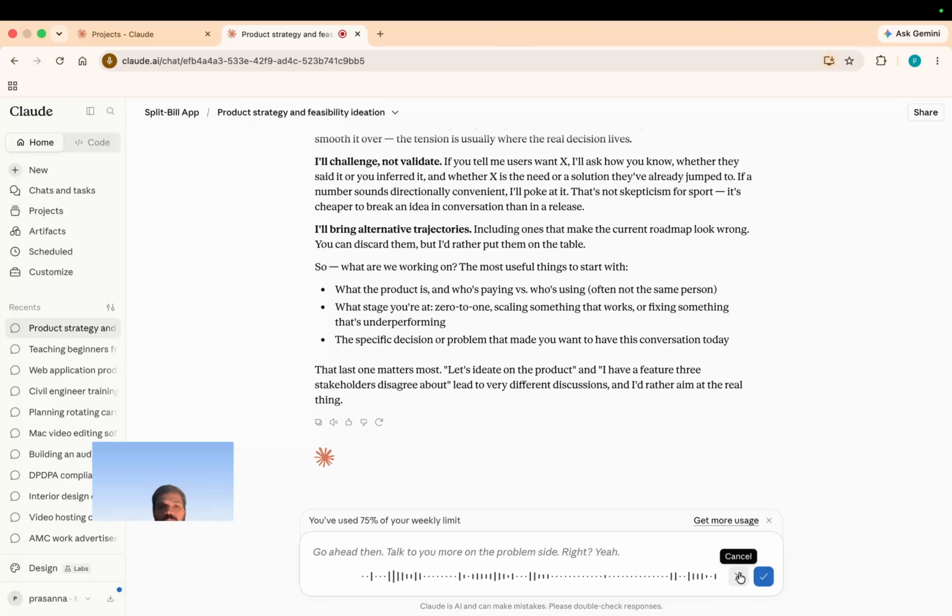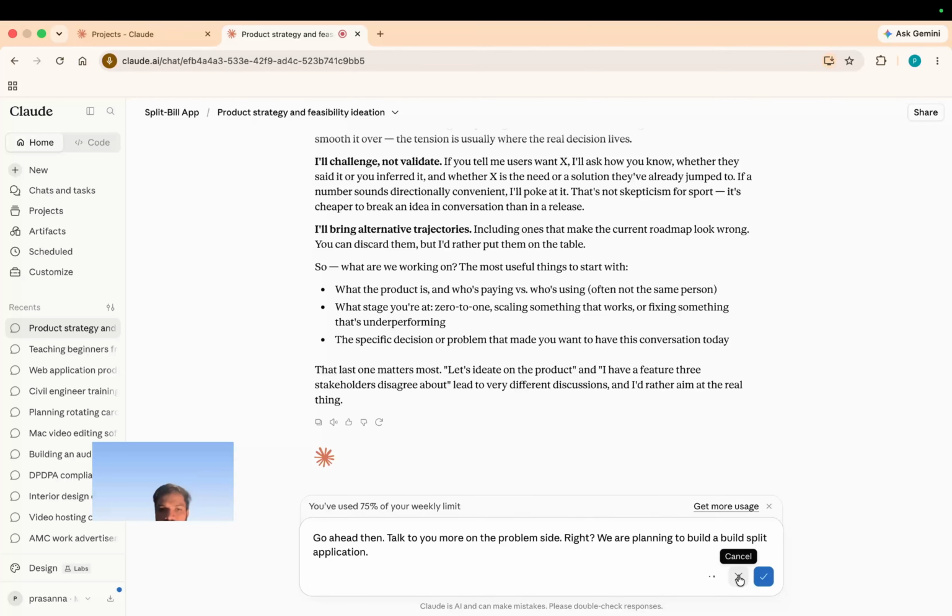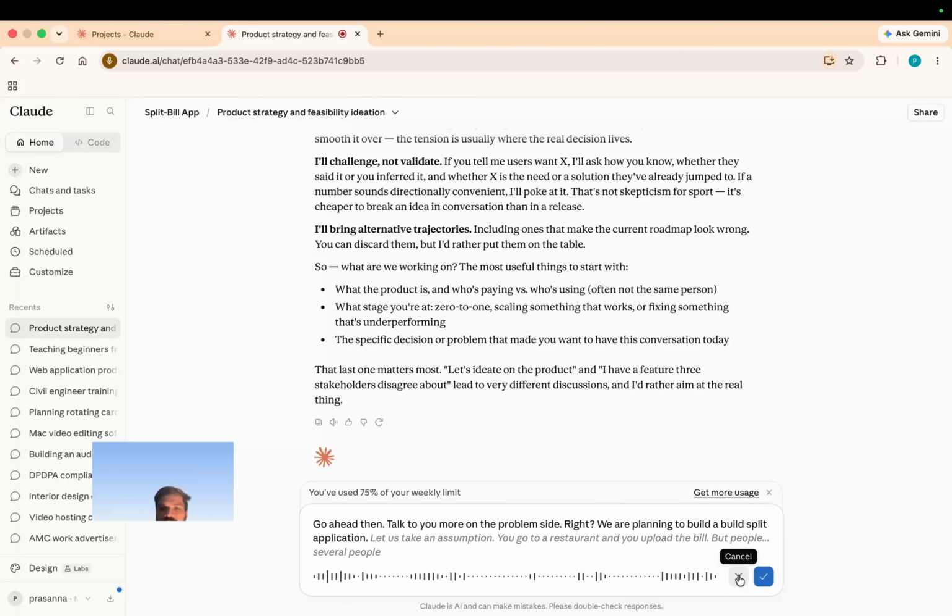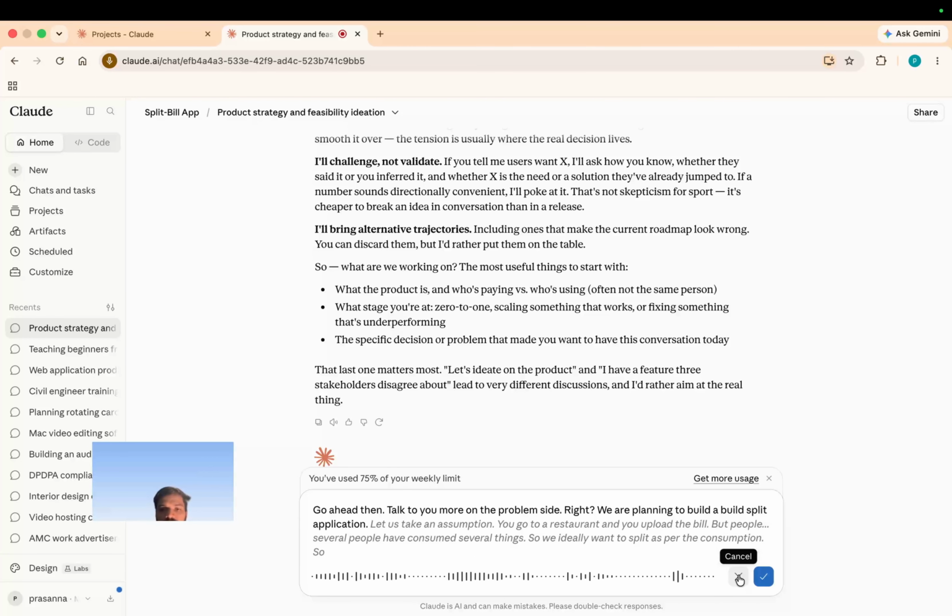We are planning to build a bill split application. Let us take an assumption. You go to a restaurant and you upload the bill. But several people have consumed several things, so we ideally want to split as per the consumption. That is something we are planning to solve.